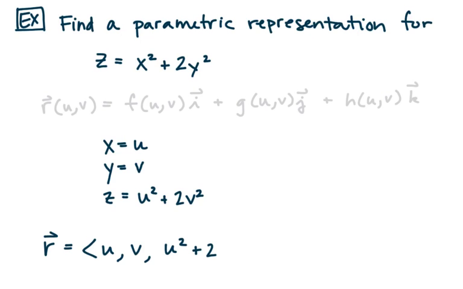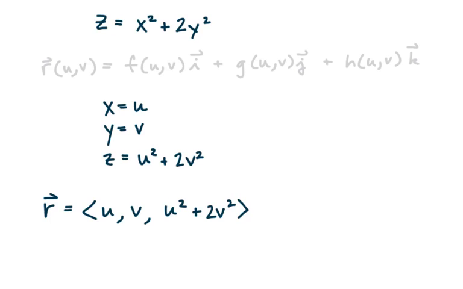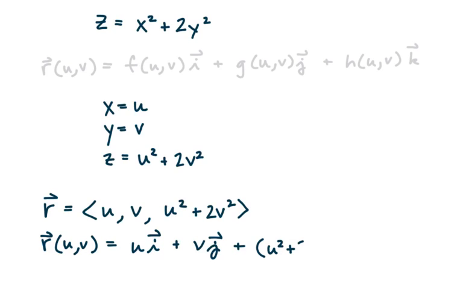If we wanted to make it look more like our textbook, we would say r of uv is u times i plus v times j plus u squared plus 2v squared times k.